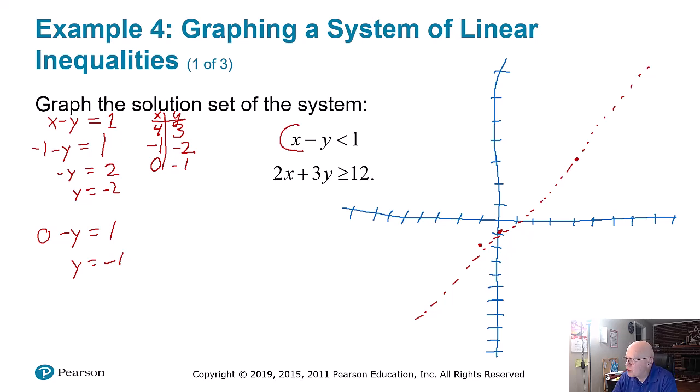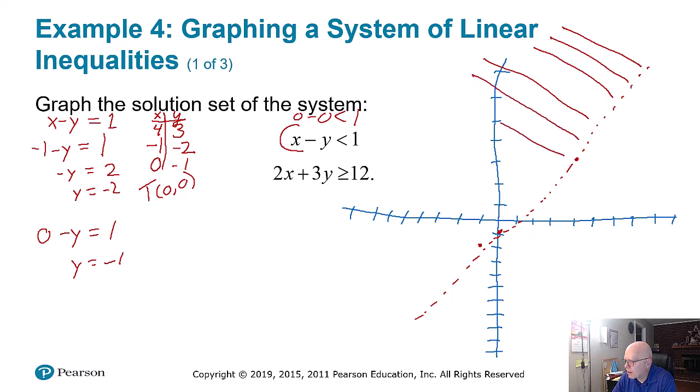So I'm going to test with the origin. Test with 0, 0. So 0 minus 0 less than 1. True? Yeah, that's true. So for the red line, I'm going to have the region up to the left. That's what one of my regions looks like.